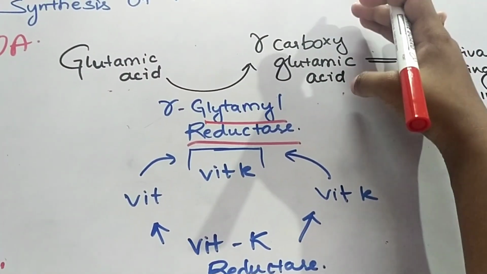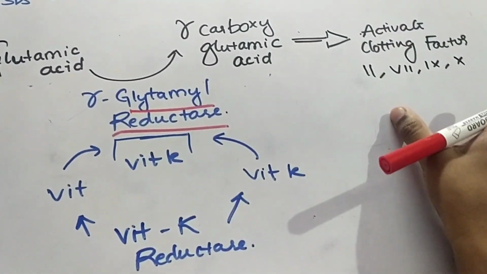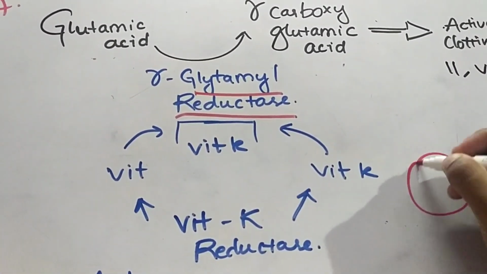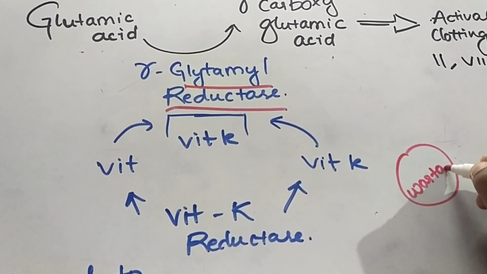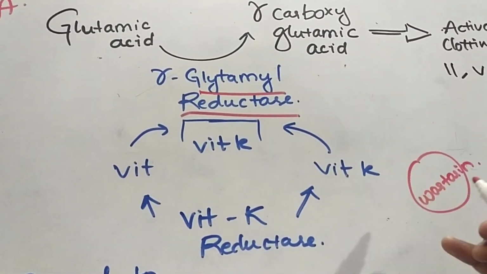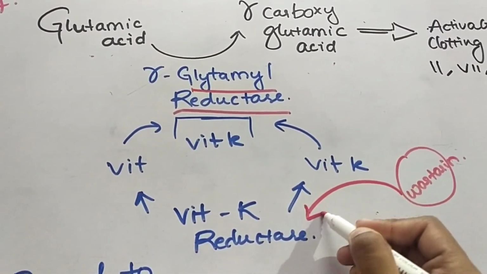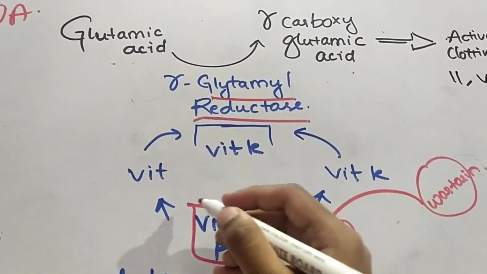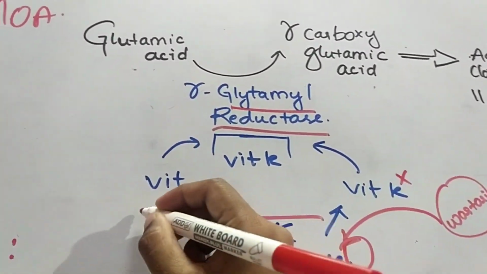Gamma carboxyglutamic acid activates clotting factors 2, 7, 9 and 10.